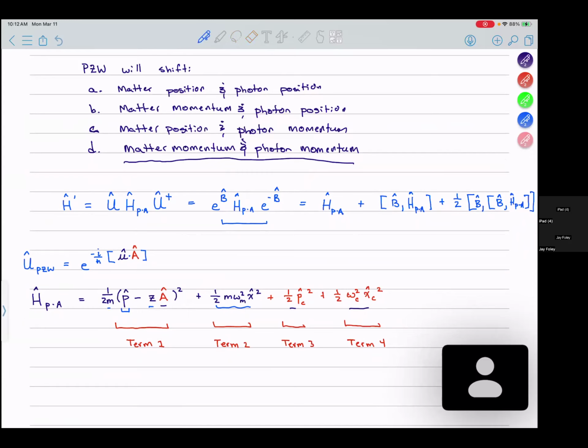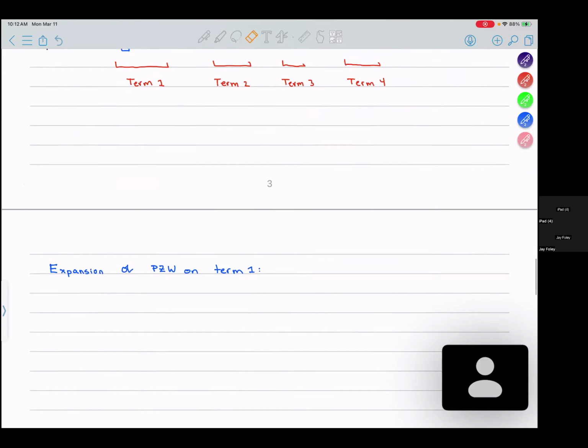So this B hat term contains the vector potential for the photon, and then this other term in the commutator contains A hat again, right? Well, A hat should commute with itself. And so basically all of the terms where you're trying to transform the A hat operator in the P dot A Hamiltonian with the A hat operator from your PZW go to zero. All right, so just try that on your own.